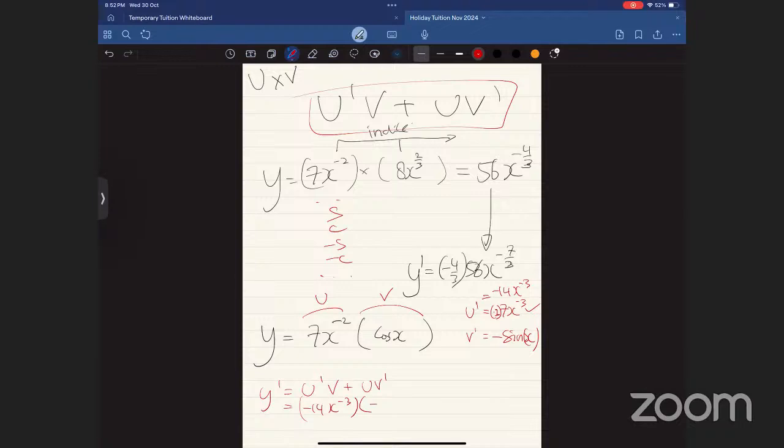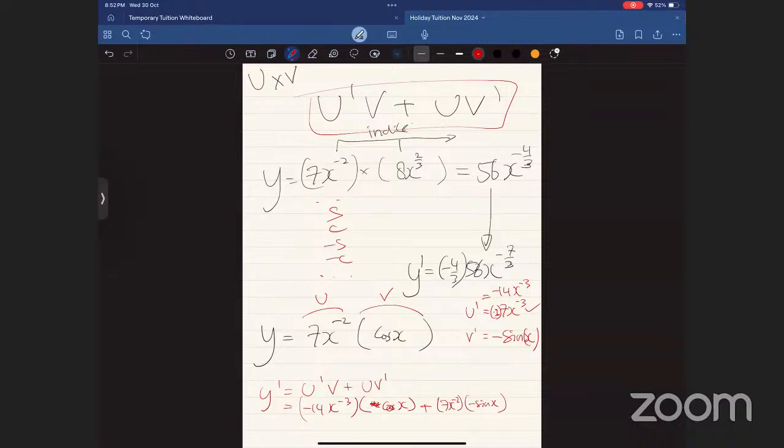Wait, sorry, cosine x. Very good. Don't know why, but you're at least following correctly. Then 7x to the power of negative 2 times negative sine x. And voila, you have done your first product rule. Congratulations. This will be correct.